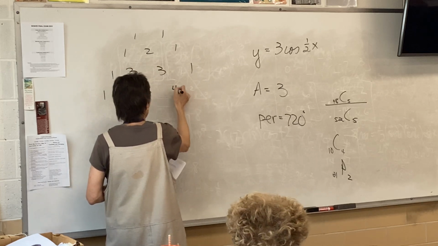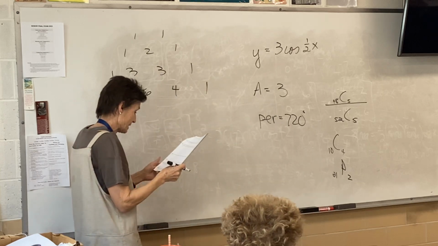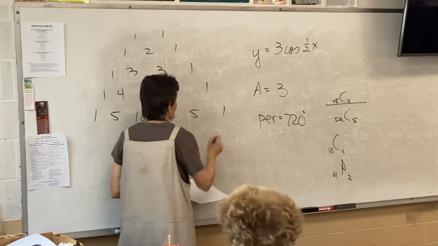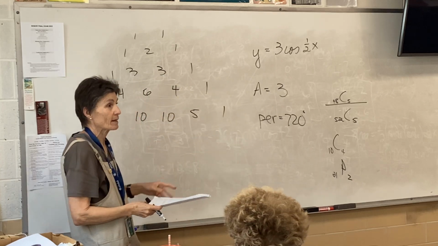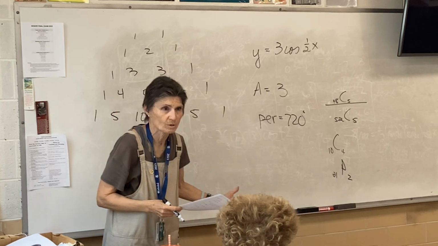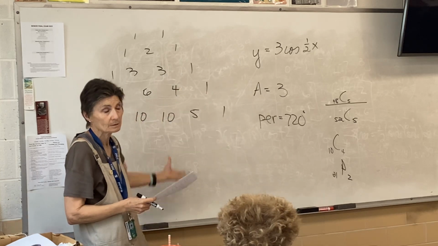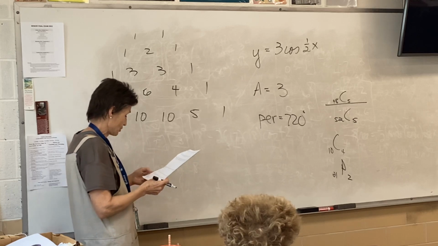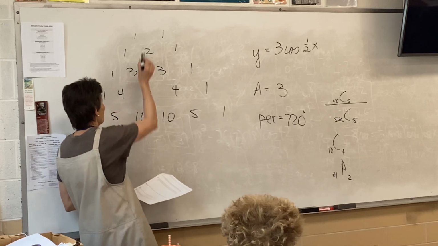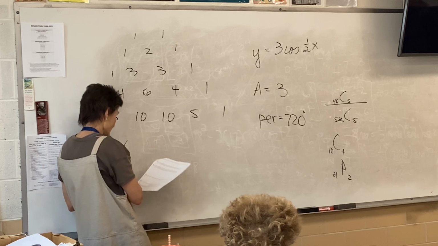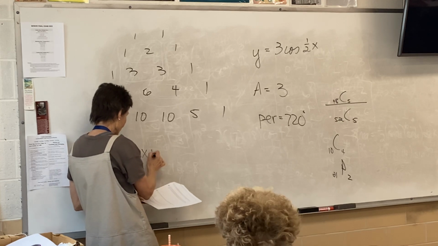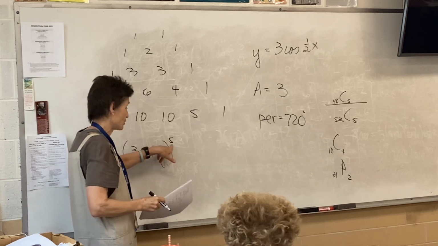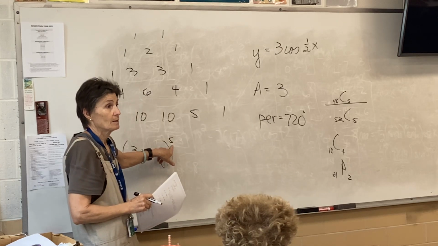You should probably practice building that yourself. And I promise you're not going to have to go to the 50th row or something. It's going to be like here. Why did I build it to the 5th row? Because it's to the 5th power.